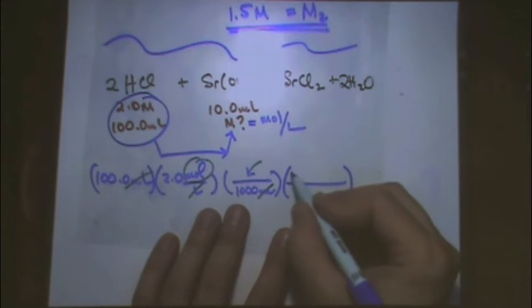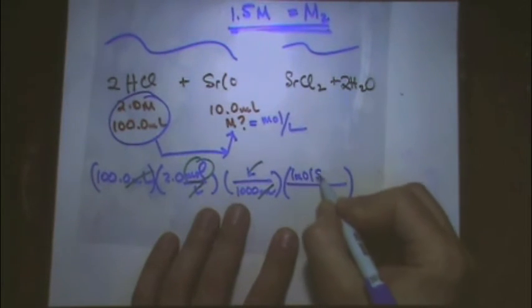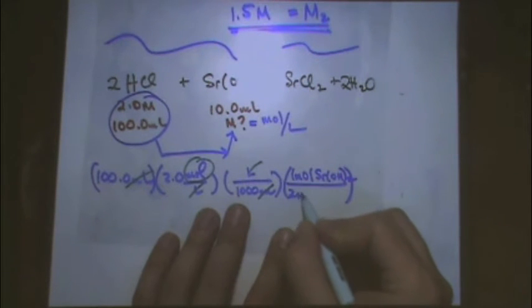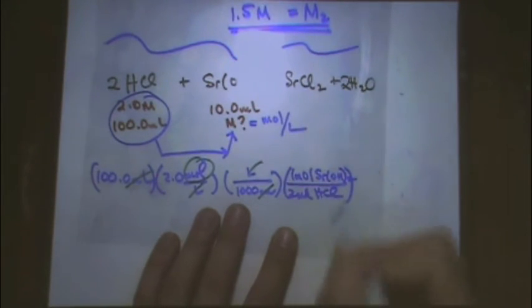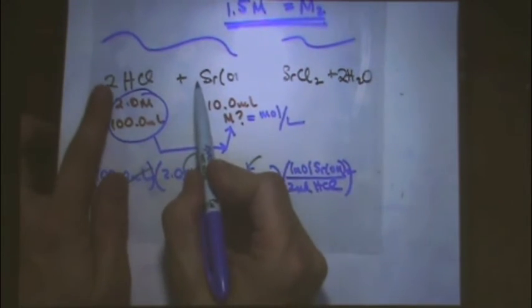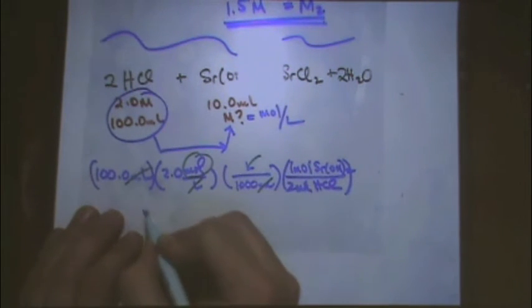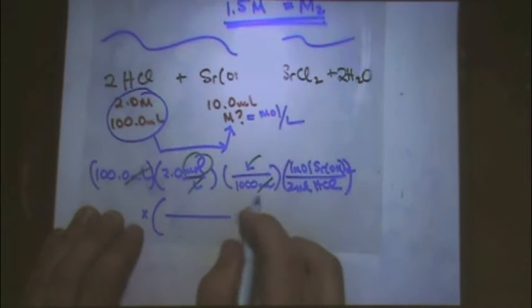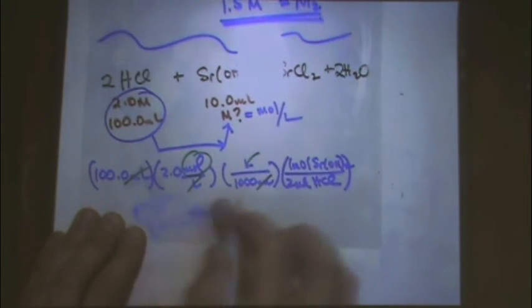Okay, molar ratio now. This is step 2. There's 1 mole of the strontium hydroxide for every 2 moles of the HCl. I've got to stop that from balancing. Then step 3, the last step, I'll write down here. I don't have space. Well, let me erase that for a second.